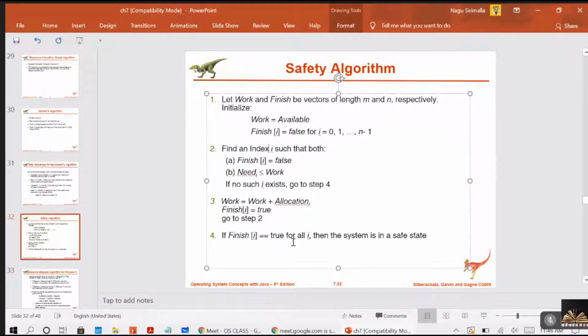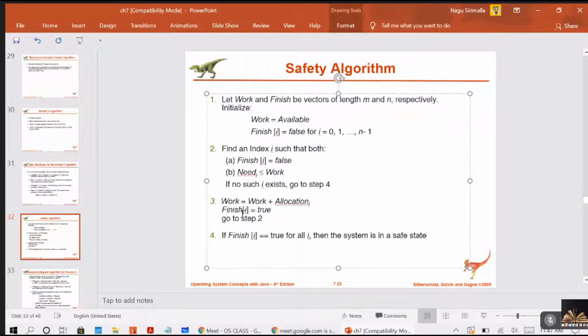And by allocating those resources to the process, if the process is able to complete, then the system is in safe state. So this i is the process, no? It has to be checked for all the processes.